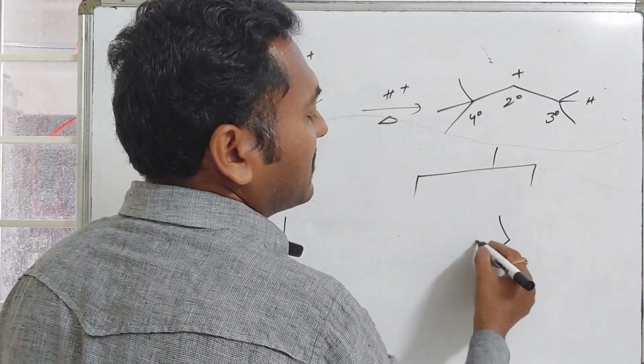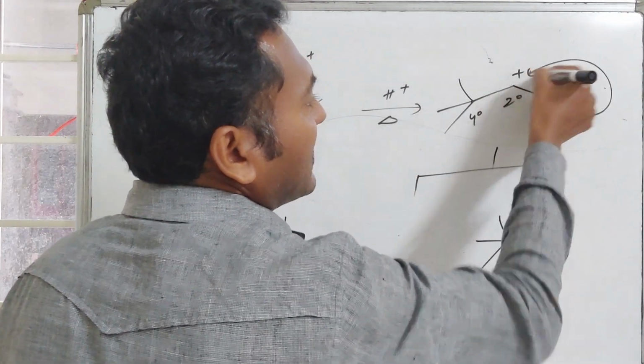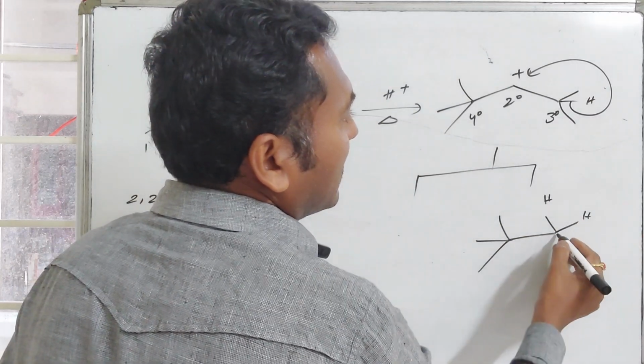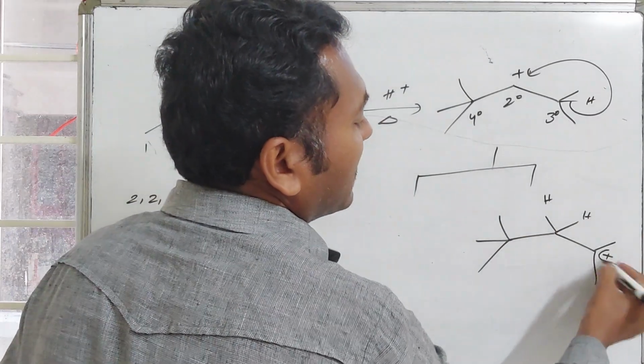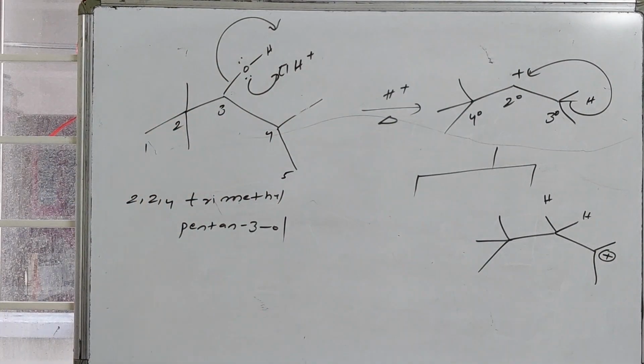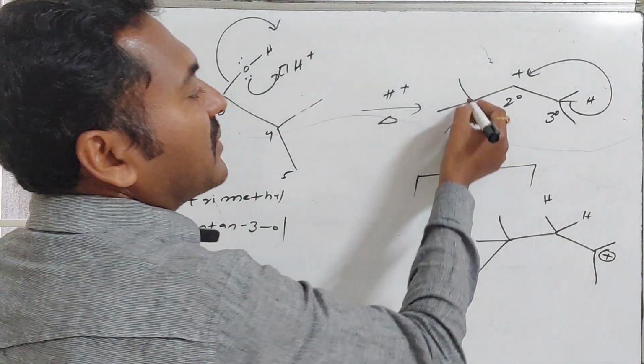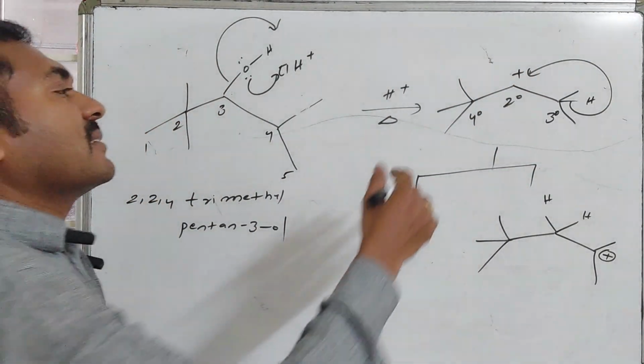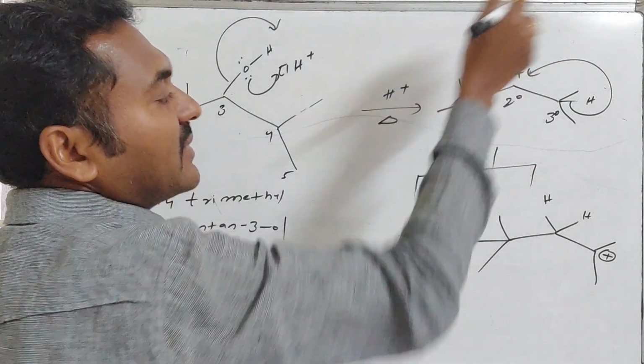In the first rearrangement, H as H minus is shifted from here, and a tertiary carbocation is generated. In the other rearrangement, a methyl anion shift takes place.